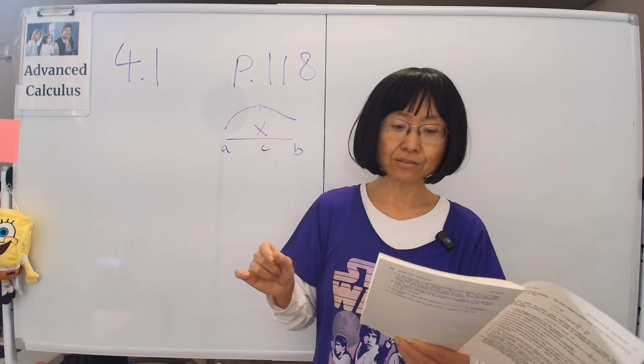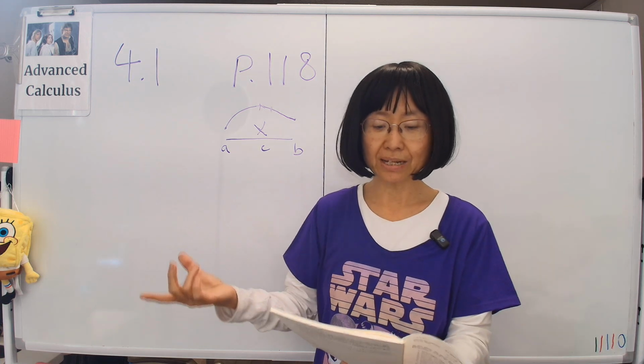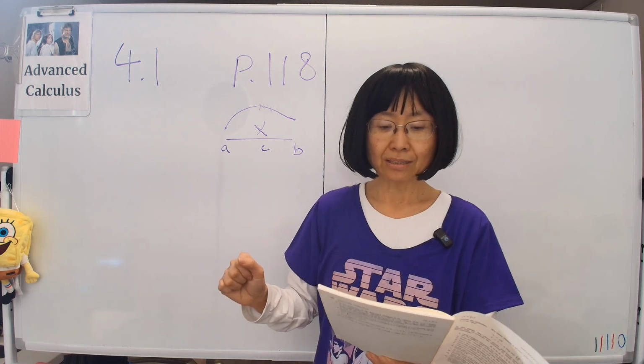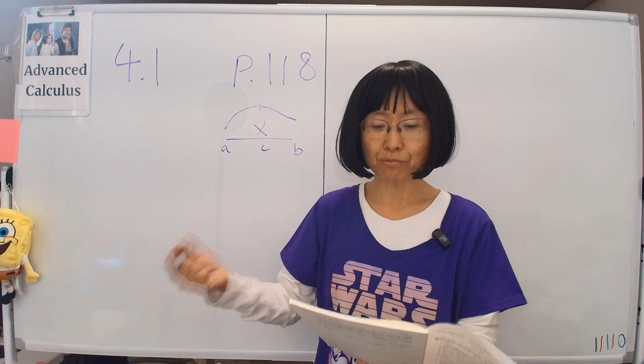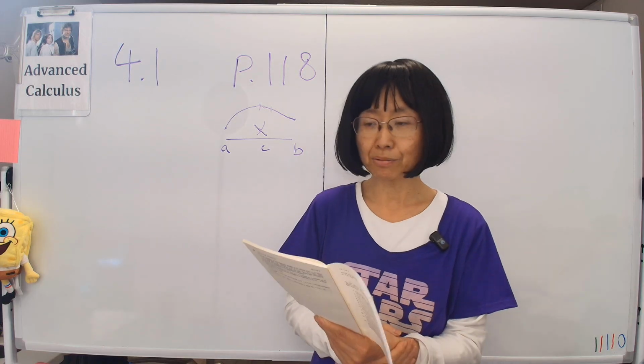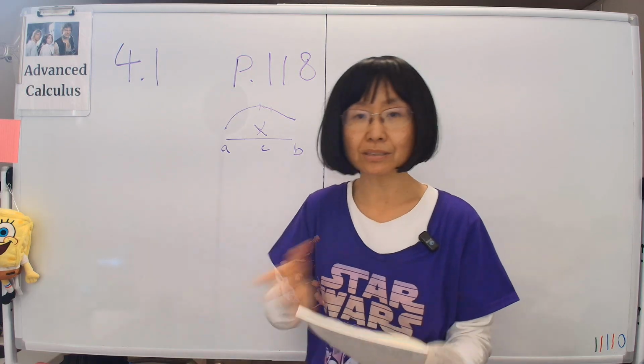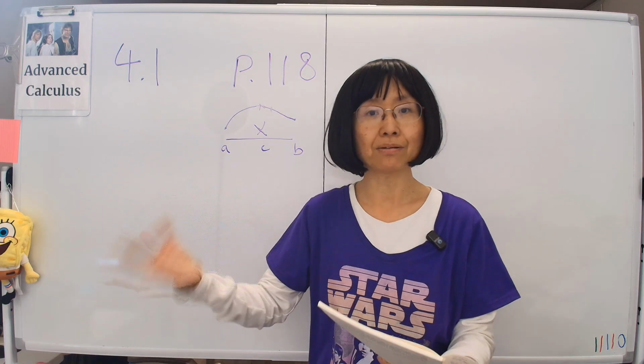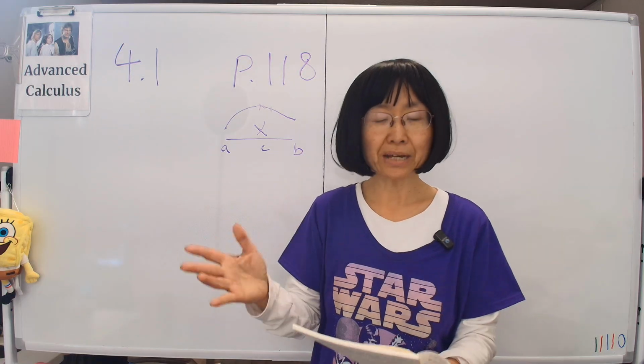And then condition 3 says f^(2n) of big X is less than 0. Of course, we used less than 0 as an example here, but if it was bigger than 0, the theorem will work in a parallel or mirror way, okay?